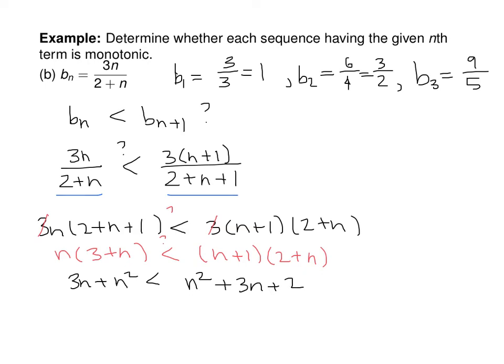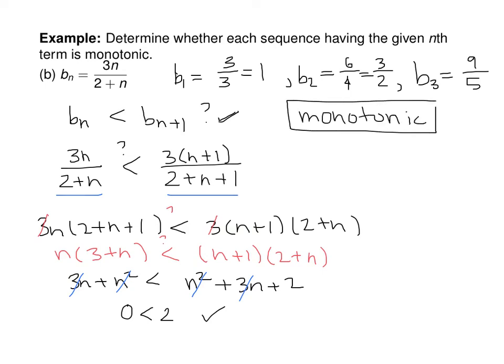And when we combine like terms, the n squareds cancel, the 3n's cancel, and we end up with 0 is less than 2, which is true. So our original inequality is true, and yes, this sequence is monotonic. And actually in this case, the terms are strictly increasing.